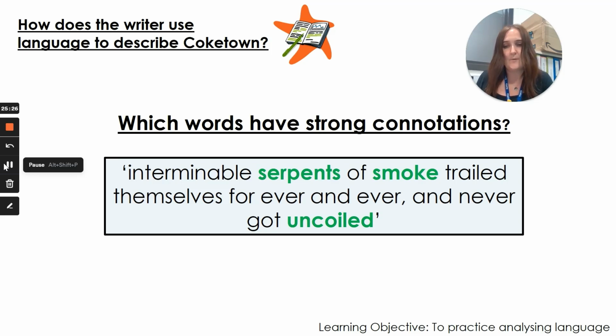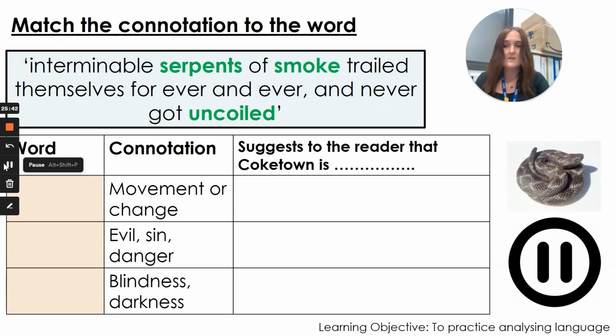So you don't want to say, interminable has connotations of something not stopping, because that's not a connotation, that's what it actually means. So I've gone for these three because I know I'm not going to fall into that trap of writing down what the word means rather than the connotation.